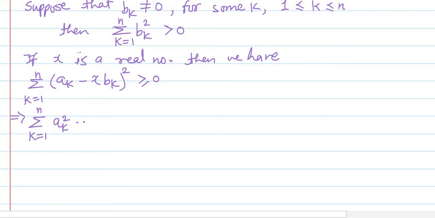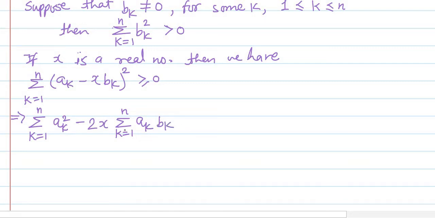The middle term is minus 2 times the product of these two, so it is minus 2x into the summation over k equal to 1 to n of ak into bk.